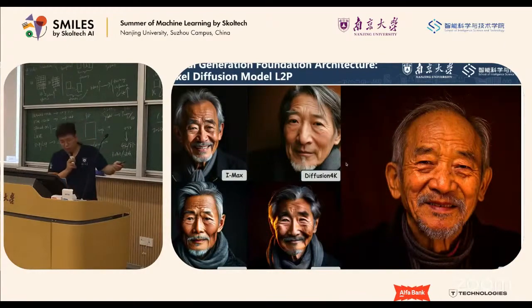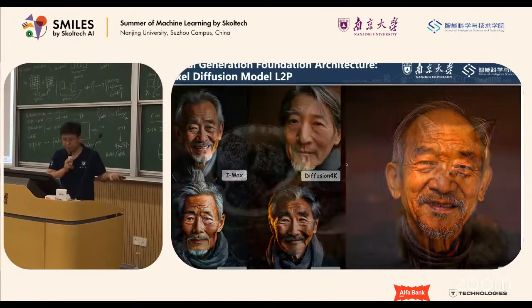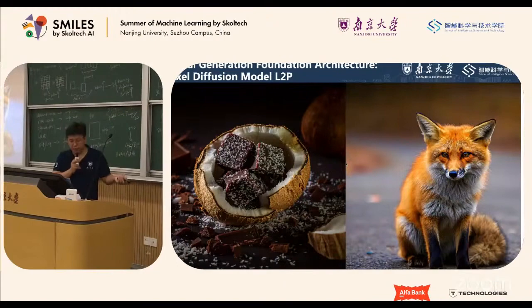The enlarged final portrait highlights the skin texture, the wrinkles, the hair, and the expression and lighting, all of which are sensitive indicators of ultra-high resolution generation quality, while the previous 4K models generate smooth images. And here are another two results, the dessert and fox examples.